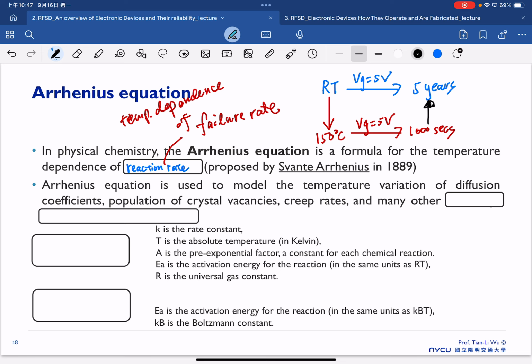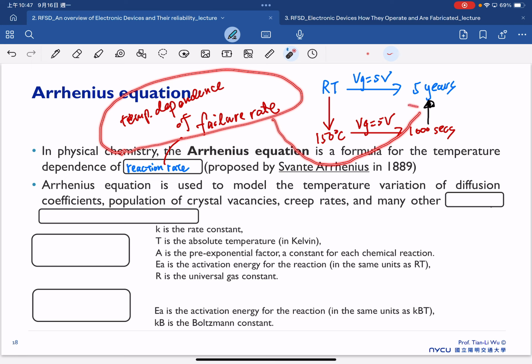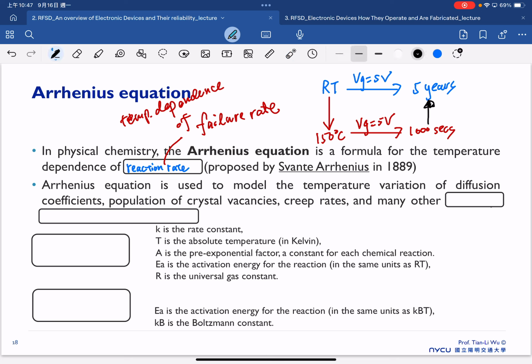Because if we can know the temperature dependence of the failure rate, then we can apply it to this case. And finally, we can complete our last step, converting the result at 150 Celsius degrees back to the case at room temperature. And this usually requires a specific number, which we call the EA here, the activation energy.